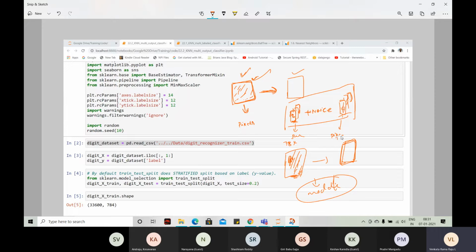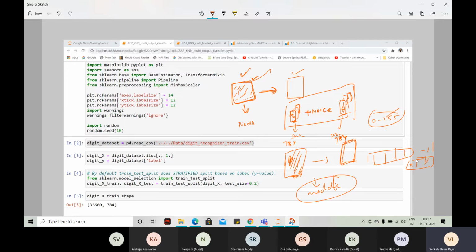A blur 2 will also have 784 pixels. Each pixel will have a value between 0 and 255. In the input you will have 784 pixels, in the output also 784 pixels, and each pixel will have a value between 0 and 255.